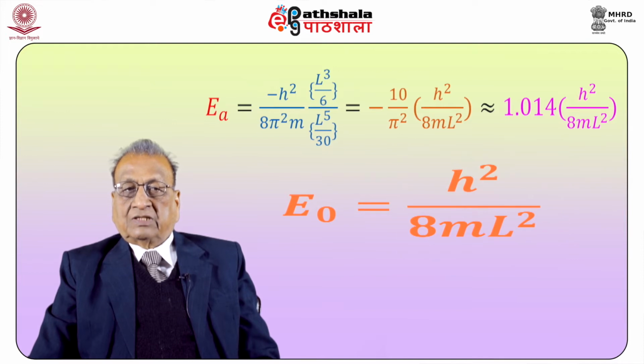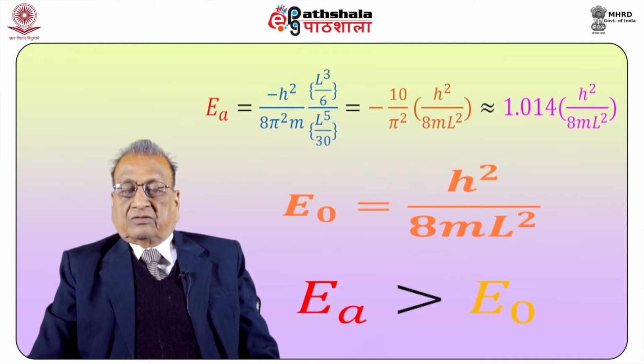One thing we note, that EA is greater than E0, but the value is not so bad. There is a reasonable agreement between the two, and we also obtain the wave function as x into L minus x.